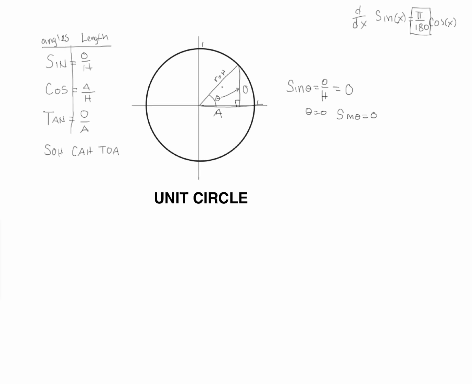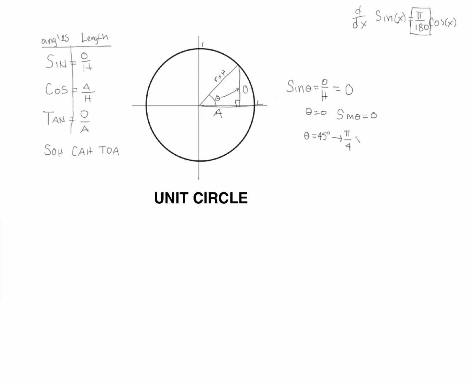Now, if theta were 45 degrees, in radians that would actually be pi over 4 radians.